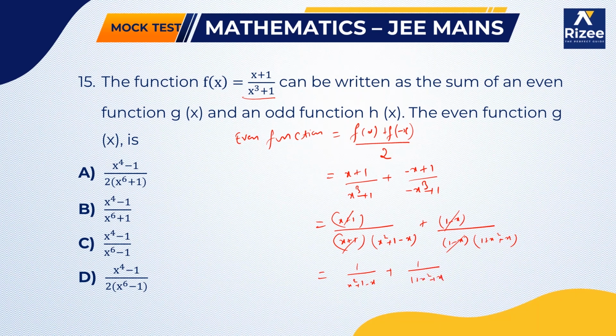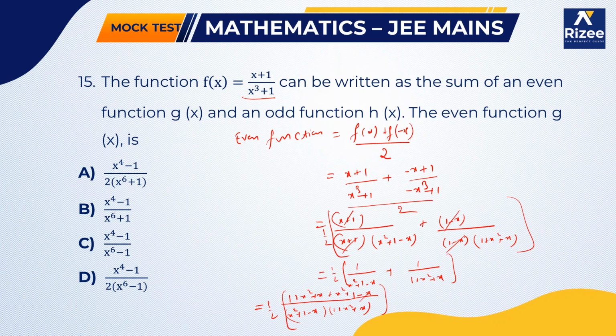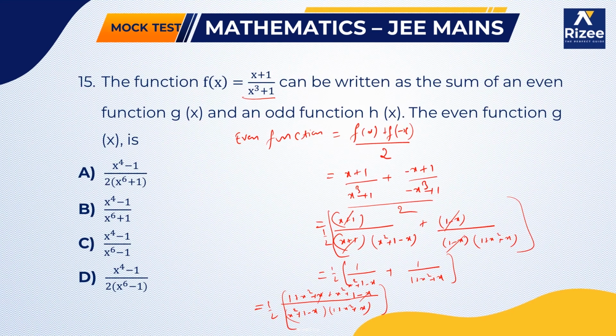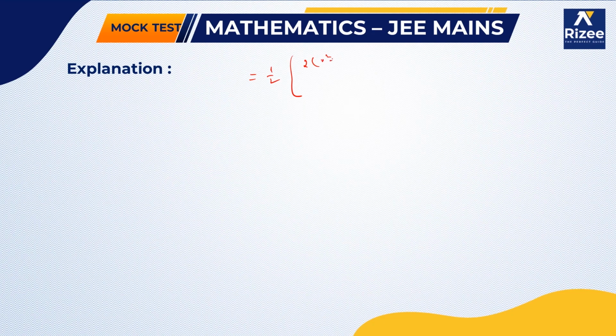Taking the LCM, we get the numerator x squared plus 1 minus x plus 1 plus x squared plus x, over the product. Writing 1 by 2 outside, x gets cancelled, so 1 by 2 into the remaining value we get 2 into x squared plus 1 over x squared plus 1 minus x times x squared plus 1 plus x. The 2 gets cancelled. By solving this we get the answer.